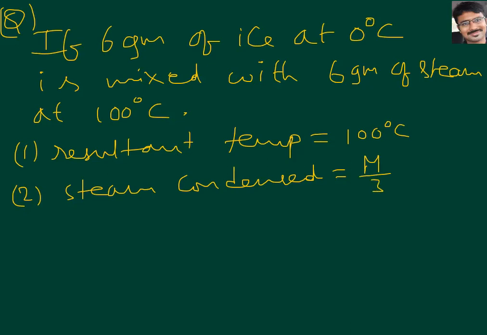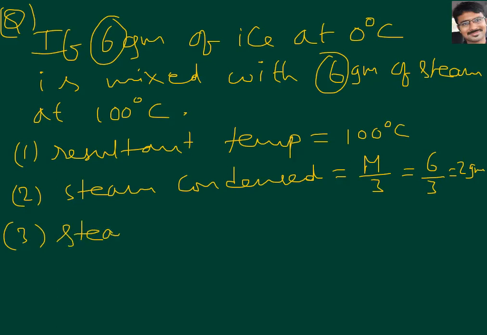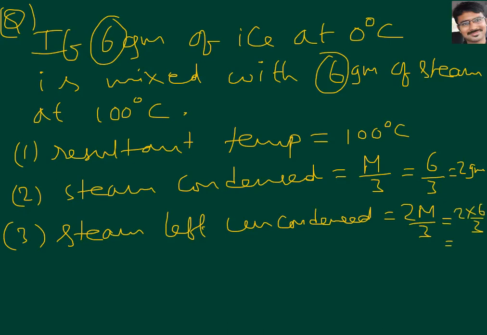Here m is nothing but 6, so 6 by 3, that is 2 grams of steam condensed. Now they are asking for the steam left uncondensed. Steam left uncondensed is 2m by 3, so 2 into 6 by 3, 2 into 2, which is 4 grams.